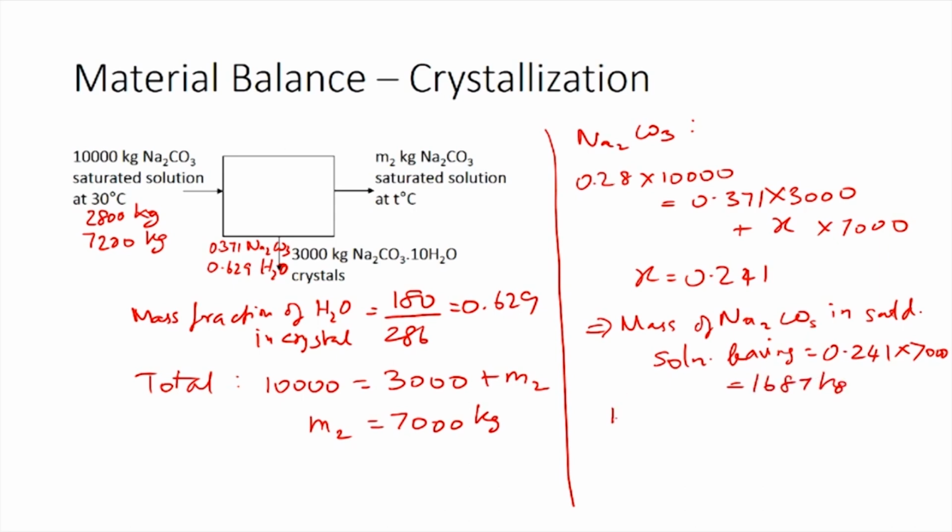So, water in the same stream would be equal to 7000 minus 1687, which is 5313 kilograms. So, now that we have these values, we can calculate what would be the solubility here.